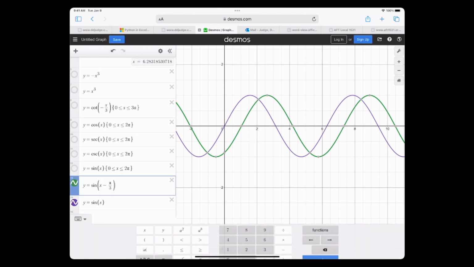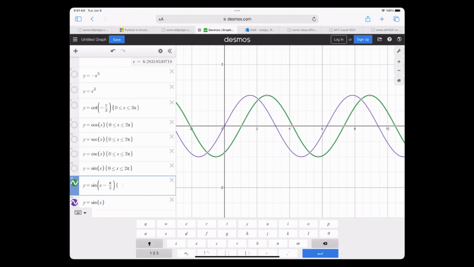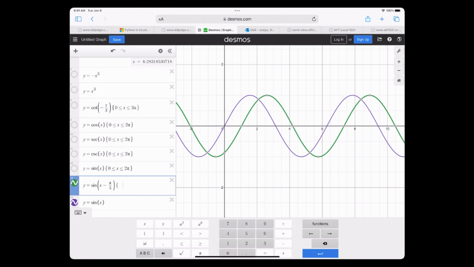If I really wanted to look at that interval of 1 cycle, to really look at the graph that we have, although it's not necessary, but it's fun. There's pi.